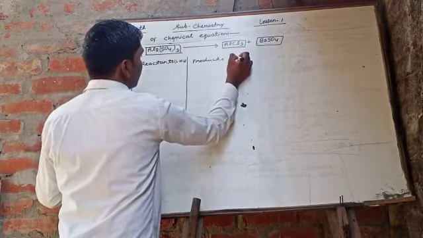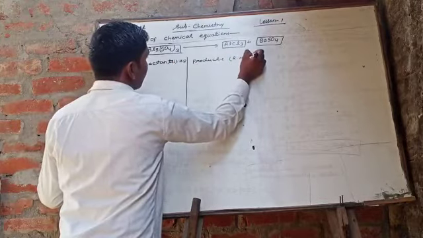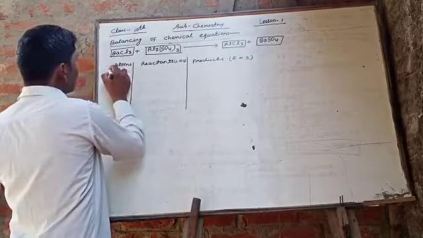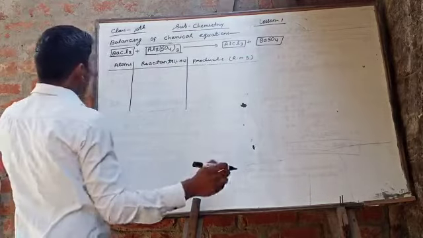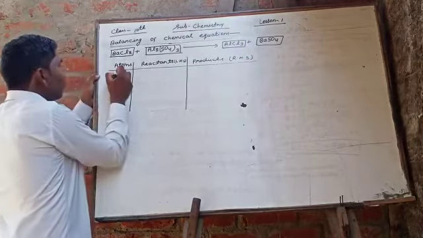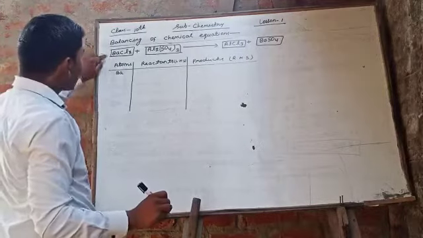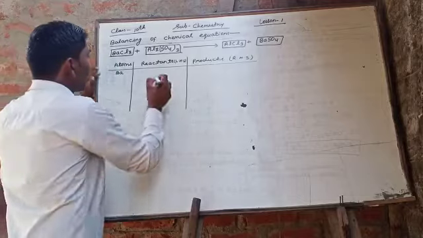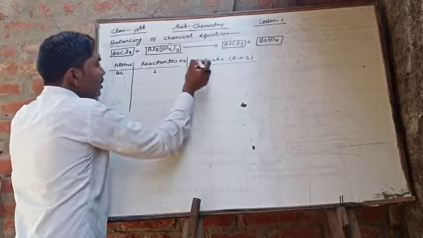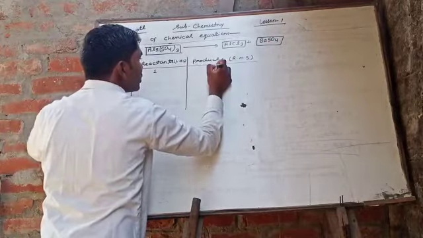This one is the right hand side. Here the first atom is barium. In the reactants it is 1, so we will write 1 here. In the products also it is 1.